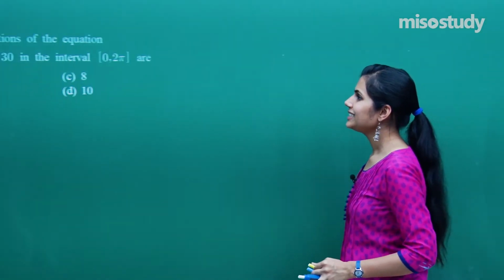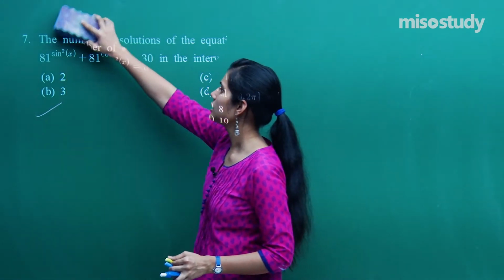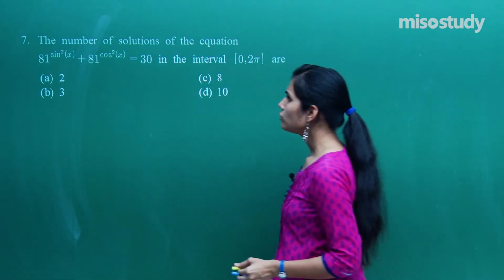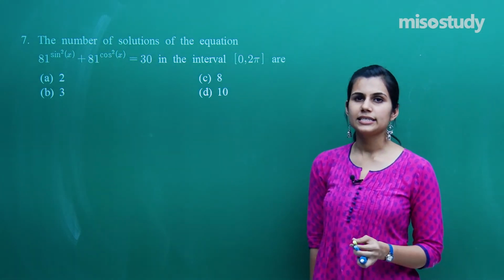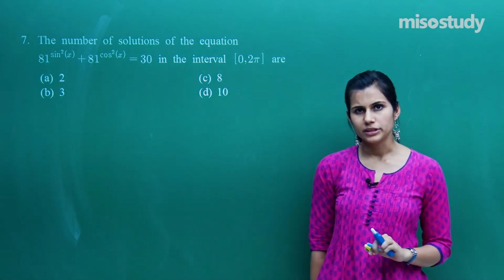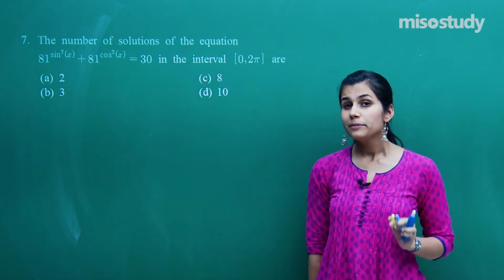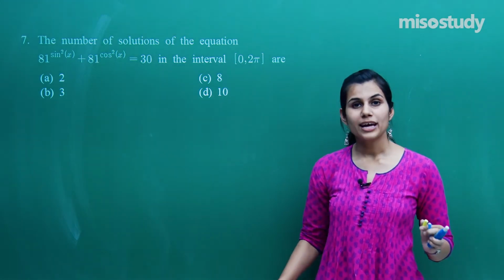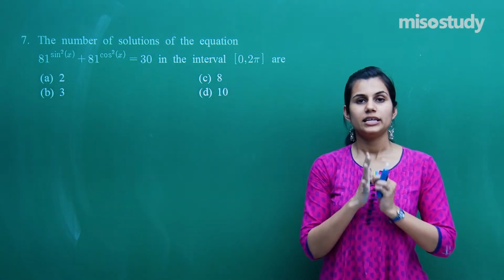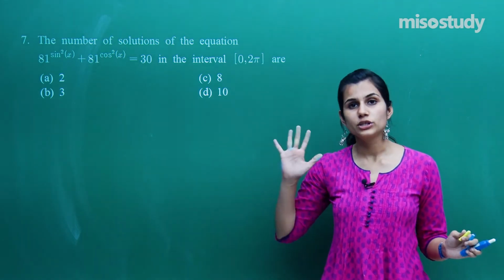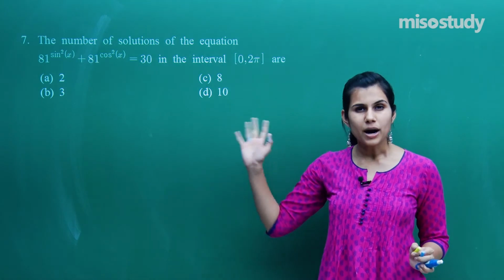It's given to me 81 sine square x plus 81 cos square x. Now see, generally people try to apply the logarithm approach to bring sine square x down, not in the power but rather in the base. But I will not be able to do that or expand it the way I wish to because log does not distribute over the sum. So I'm stuck.